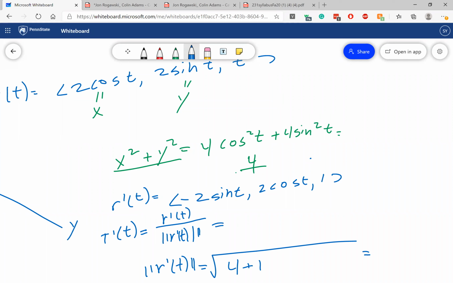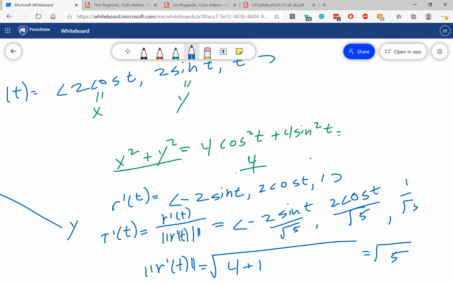So it would be the square root of 5. So then this over here is going to be negative 2 sine of t over the square root of 5, 2 cosine of t over the square root of 5, and 1 over the square root of 5.